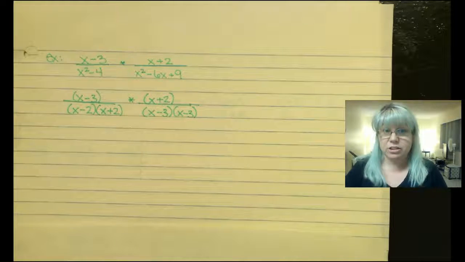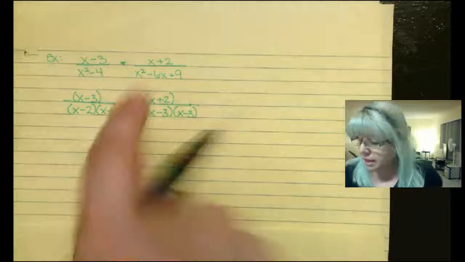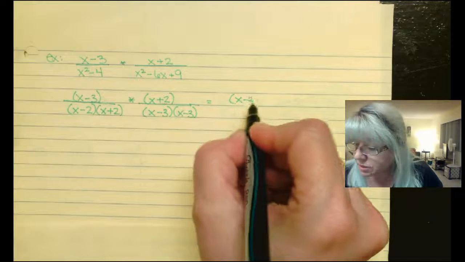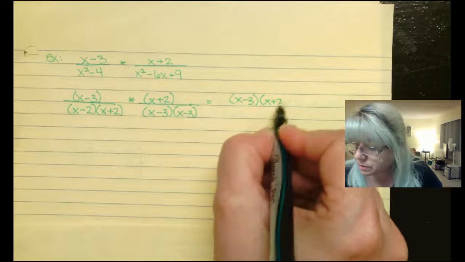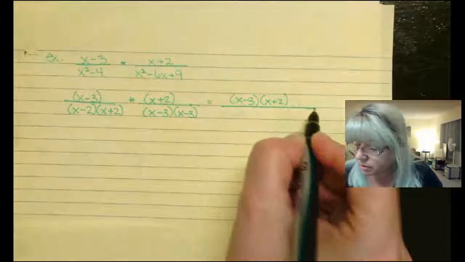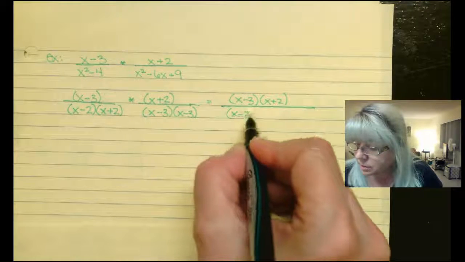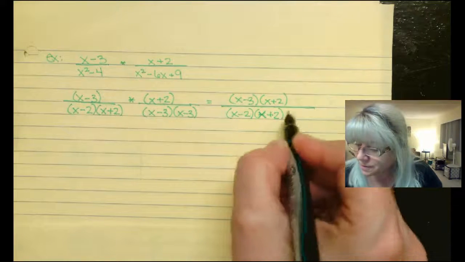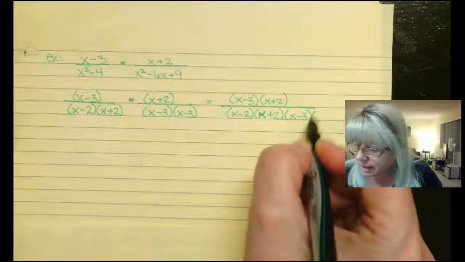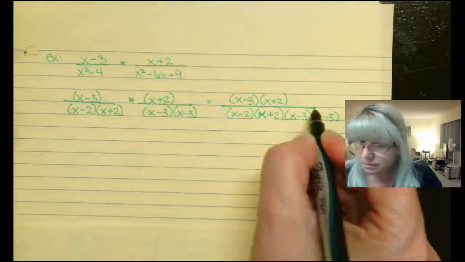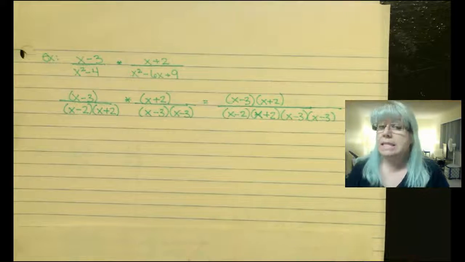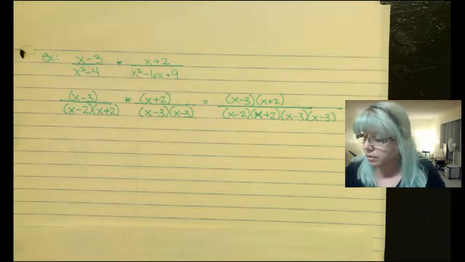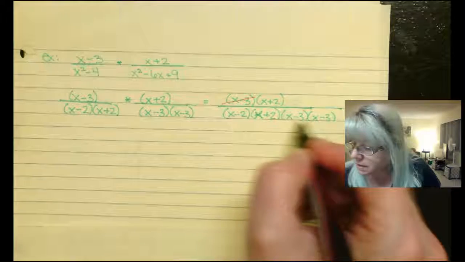Now that I have it all factored, let's squish it all together because it's all multiplication. Put it under one fraction. X minus 3, x plus 2, all over x minus 2, x plus 2, x minus 3, x minus 3. As long as the numerator has the same thing as the denominator, it's a big fat 1.